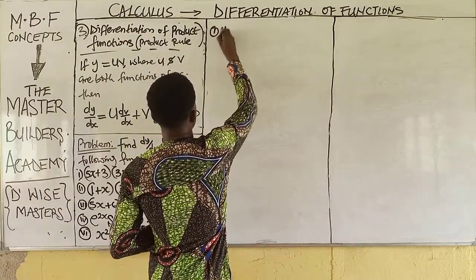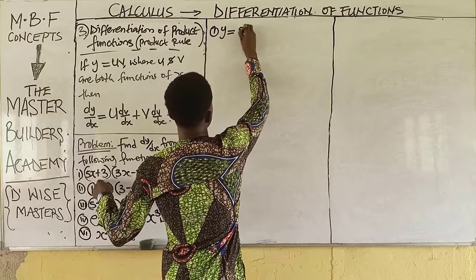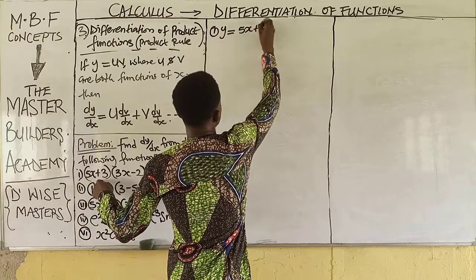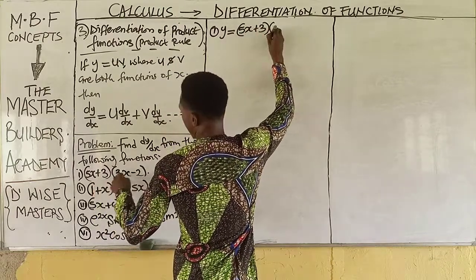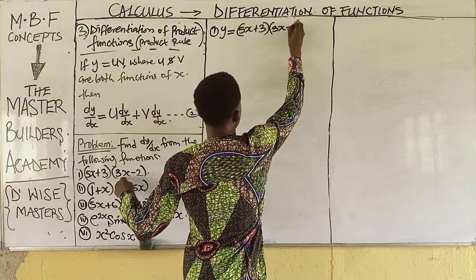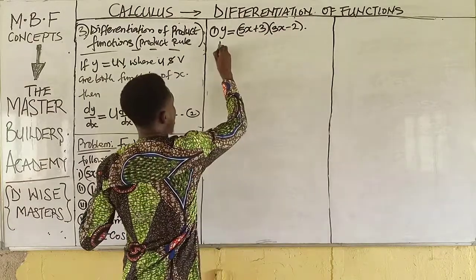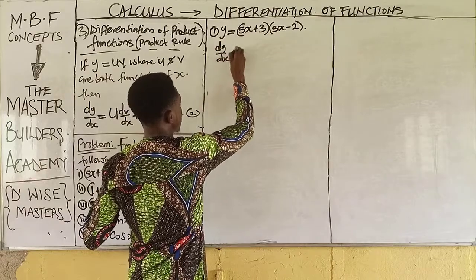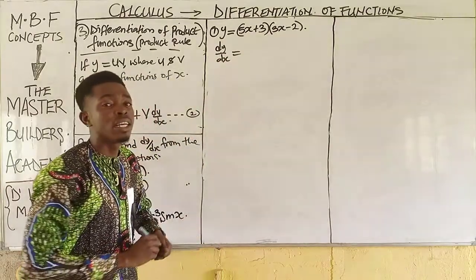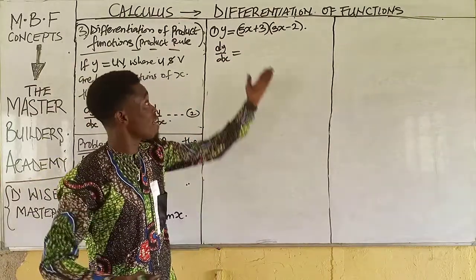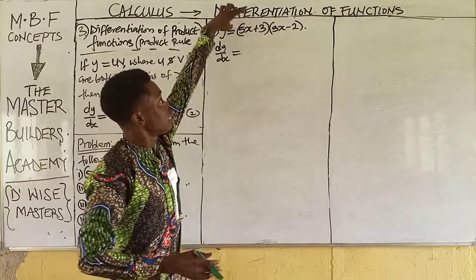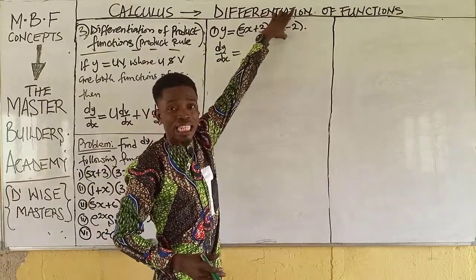Question number one, we are given that y is equal to 5x plus 3, all multiplied by 3x minus 2. So I have dy over dx is equal to, like I said earlier, when dealing with product rule, like I have it now, this is product rule because this function is multiplying another function.